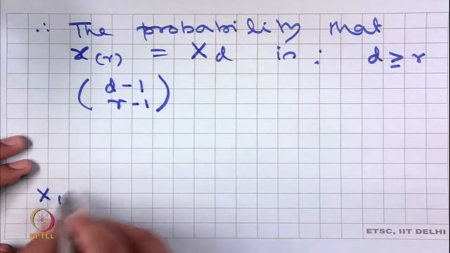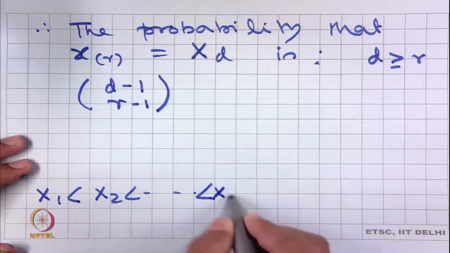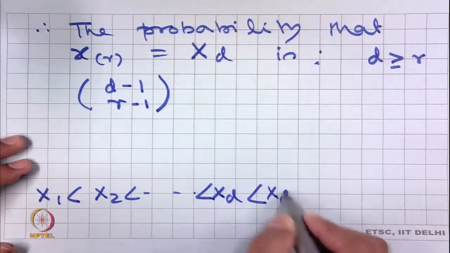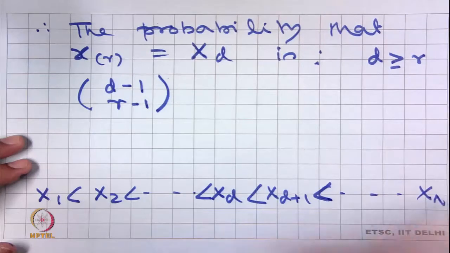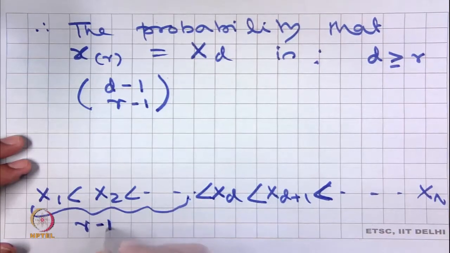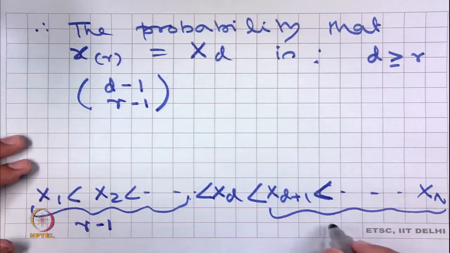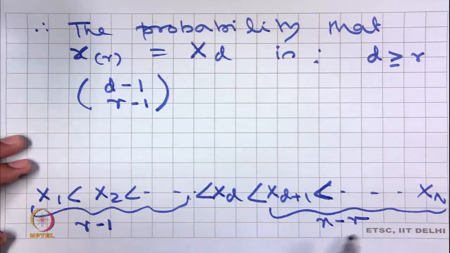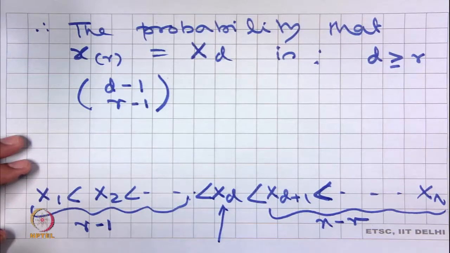So, x 1 less than x 2, so from here I have to choose r minus 1, and from here I have to choose n minus r, and 1 will get from x d.